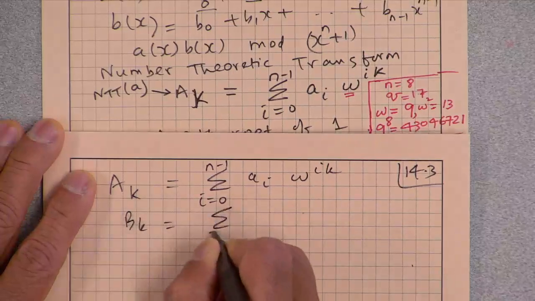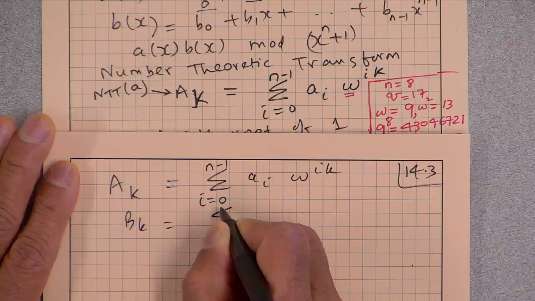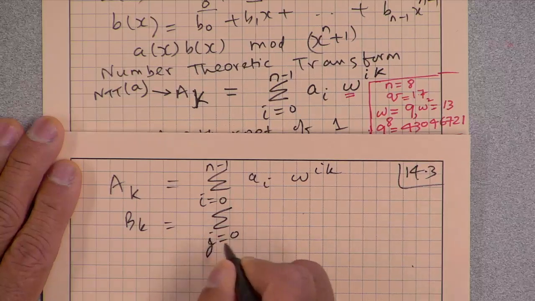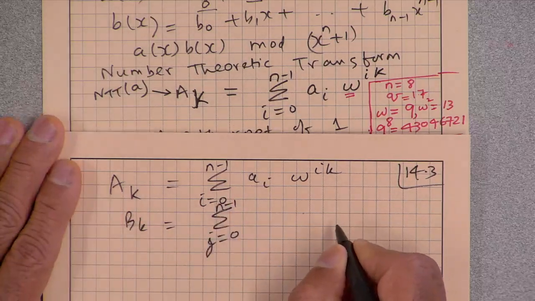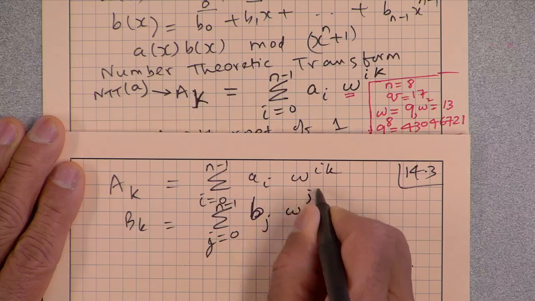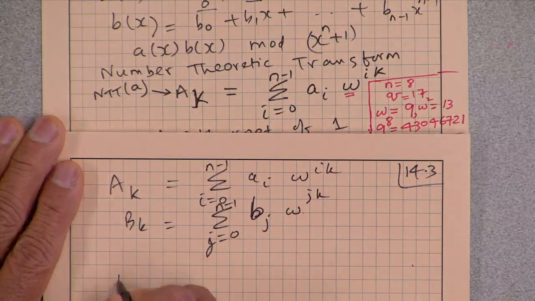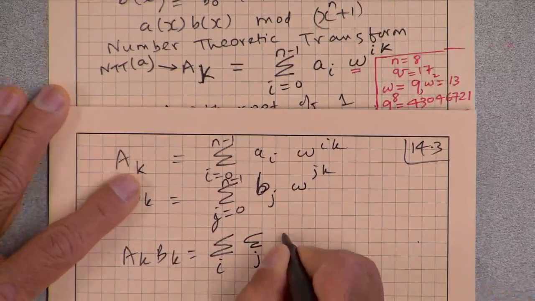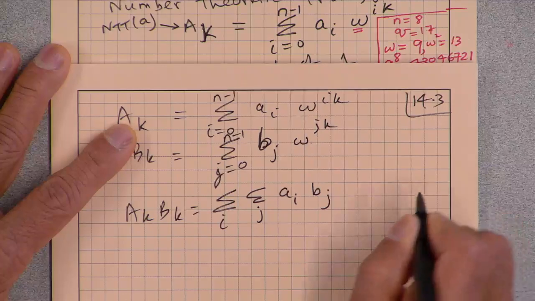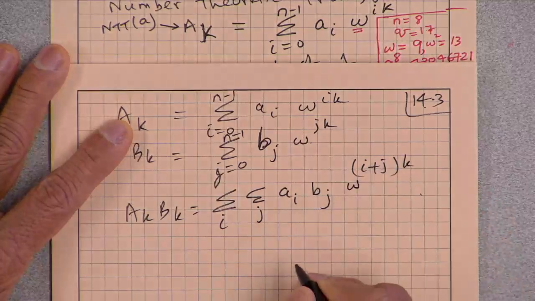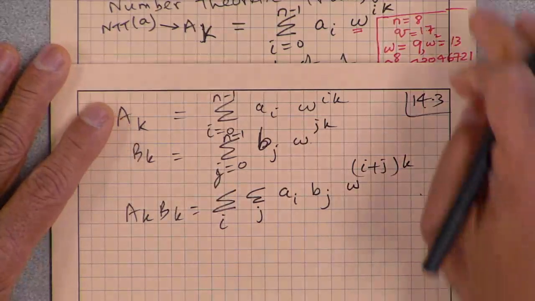BK is the sum over, if I'm going to take the product, I might as well take another index j, from 0 to n minus 1, of b_j w to the power jk. Okay, so AK times BK is going to be the double sum over i and j of a_i b_j omega to the power (i plus j) times k.